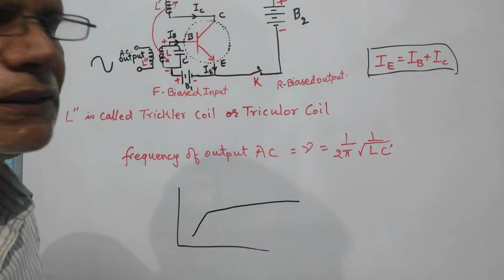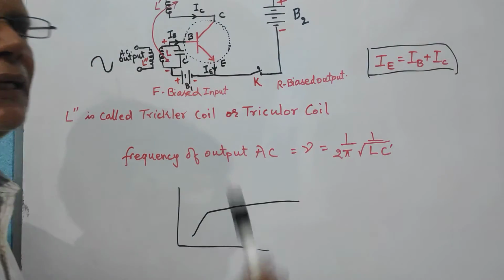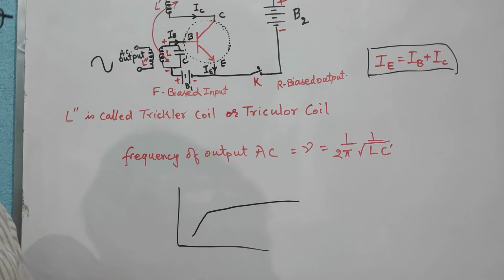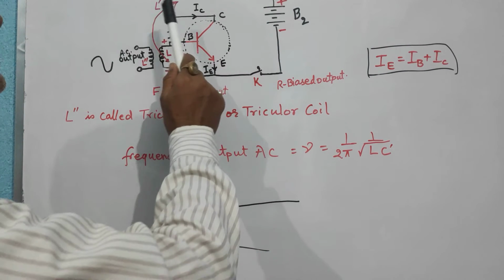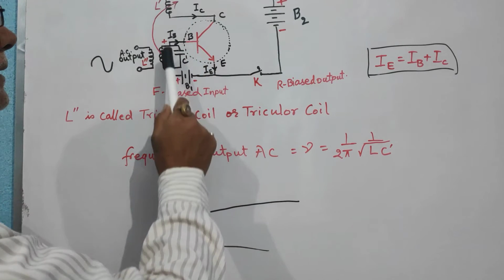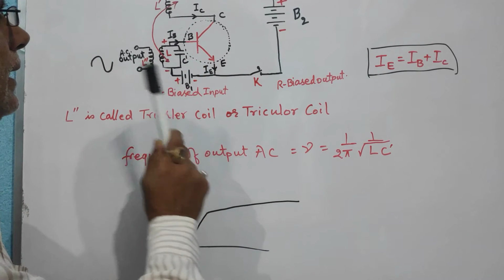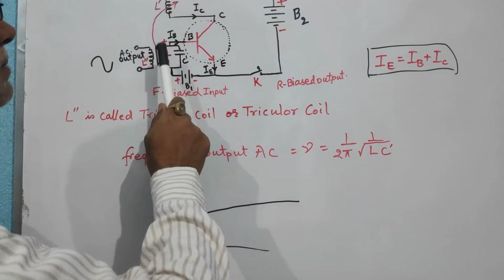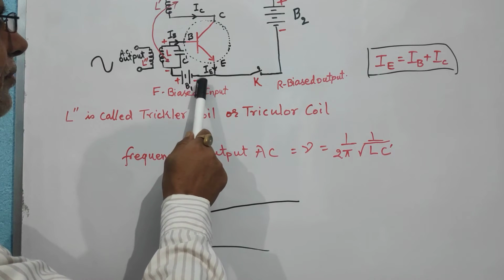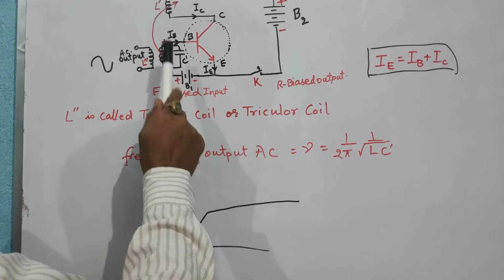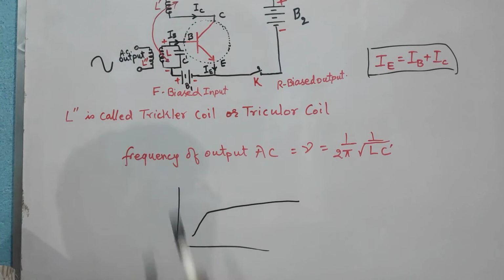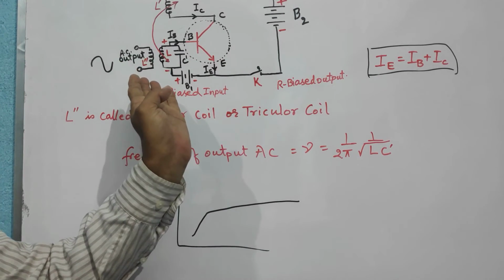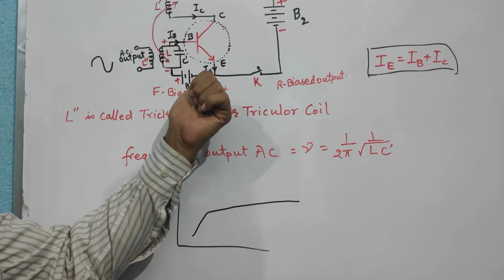Once the forward bias is reduced, the emitter current is reduced, and therefore the collector current is reduced. Once the collector current reduces, as coil L dash is mutually coupled with coil L, an EMF which opposes the forward bias of the input is induced across the coil L, because while the IC was increasing, the induced EMF was in one sense supporting the forward bias.